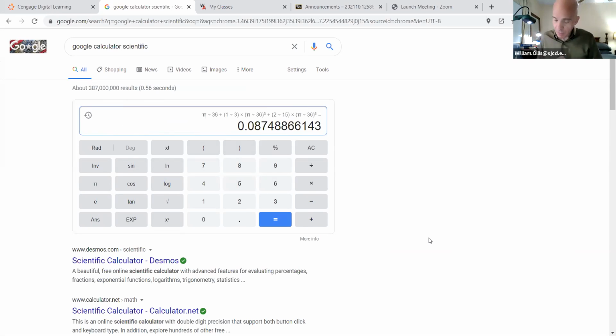And this gives us, I'll write this down, 0.08748866143. That's amazing. The calculus could give us this, and computers are good at arithmetic.